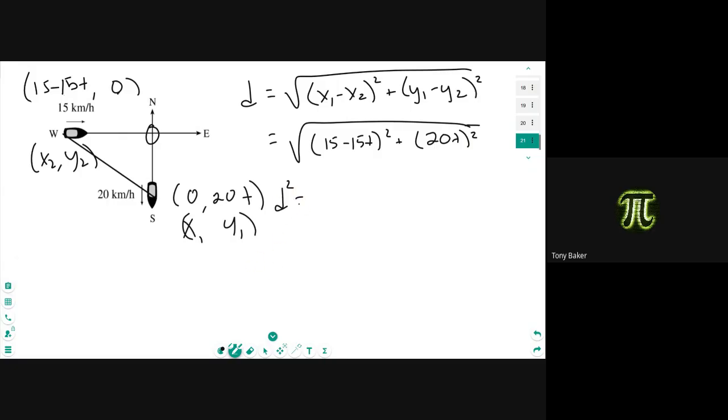And if you remember, we did a problem where I can just get rid of the square root and do the distance squared and it'd be the same answer. So now we can multiply these out. So we have that's 15 squared, 225.